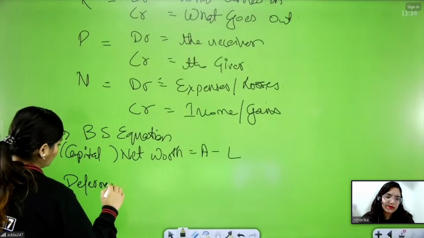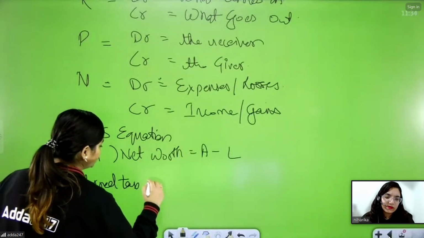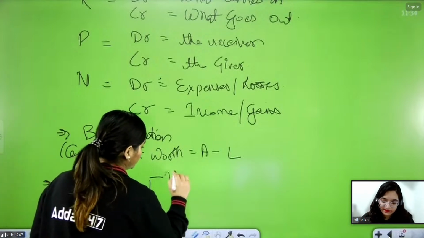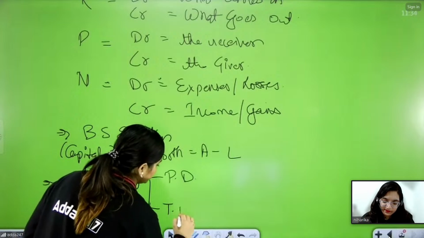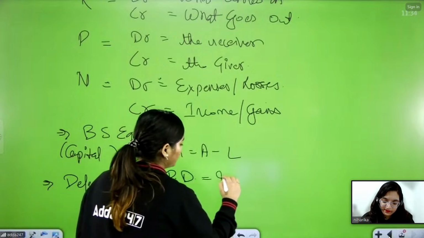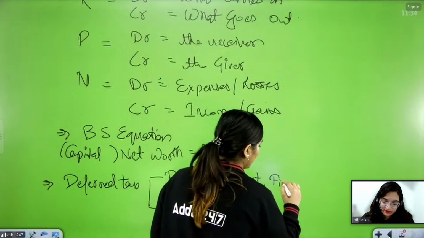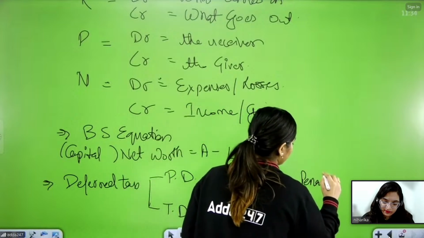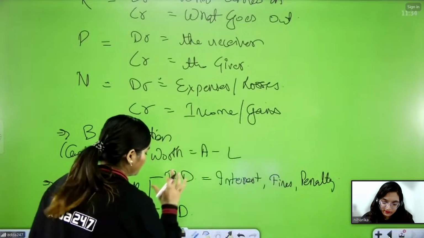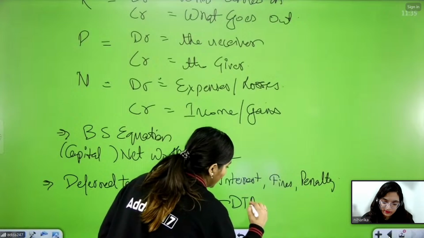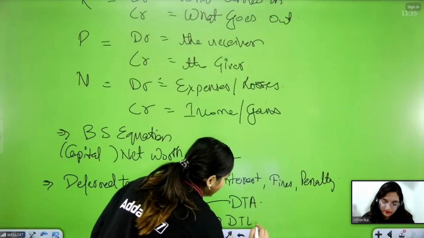One question was from the deferred tax concept. When there is a difference, that difference can be a permanent difference or a temporary difference. Permanent difference generally we get because of interest payments or fines or penalties. Temporary difference is further divided into deferred tax asset and deferred tax liability.